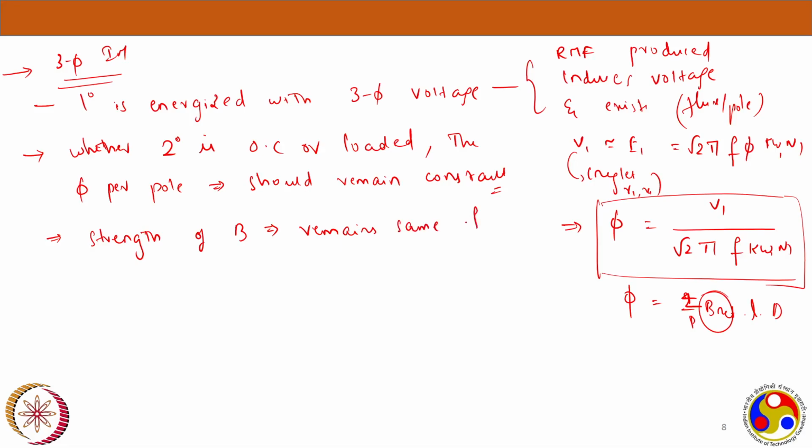No load to full load means you are changing the secondary for different loaded conditions, starting from open circuit and going to full load. Whatever the loading condition of the secondary, the strength of B should always remain the same. Okay, that's what I meant.